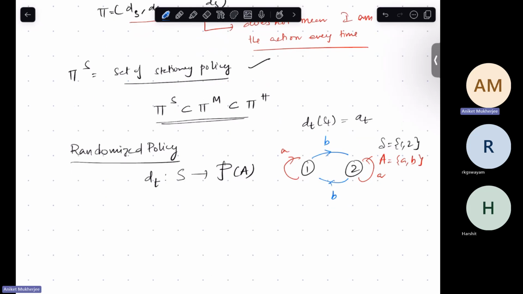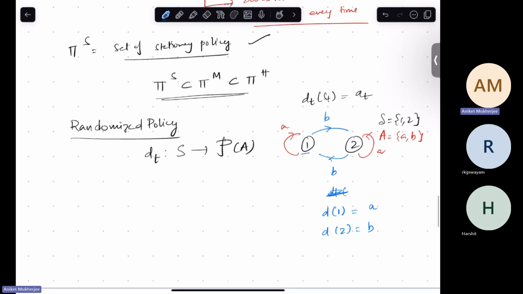Now, one decision rule could be that, suppose you prefer state one, you don't want to go to state two. So your decision could be: if I'm at one, choose A; if I'm at two, choose B. Then if you are at 2 you would come to 1, and if you are at 1 you would stay at 1.